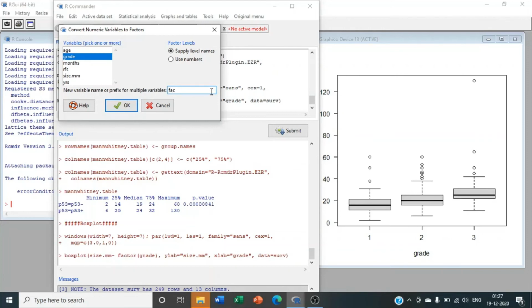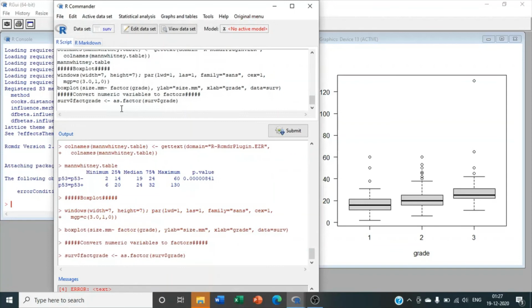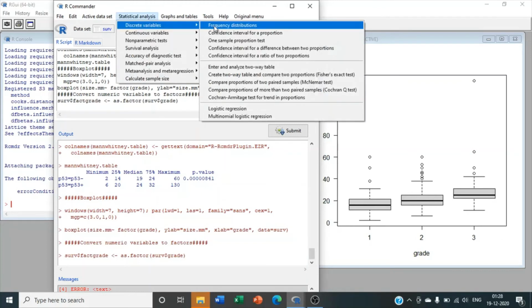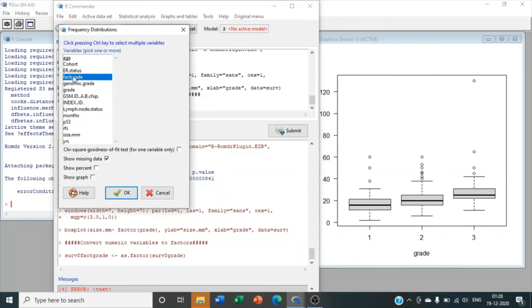So fact grade, and we use numbers for the factor levels. So okay. So we have made a new variable fact grade where the grade was converted into an ordered categorical variable. We can see what fact grade actually contains.